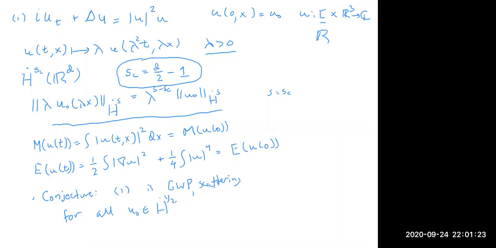I'm not going to spend real long on this, but I want to at least mention what we mean by global well-posedness and scattering. So what do we mean? We mean that for all u naught in H dot 1/2, we have a unique global solution u of t.